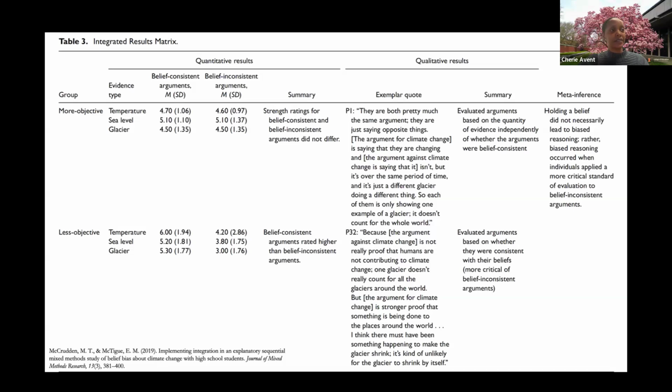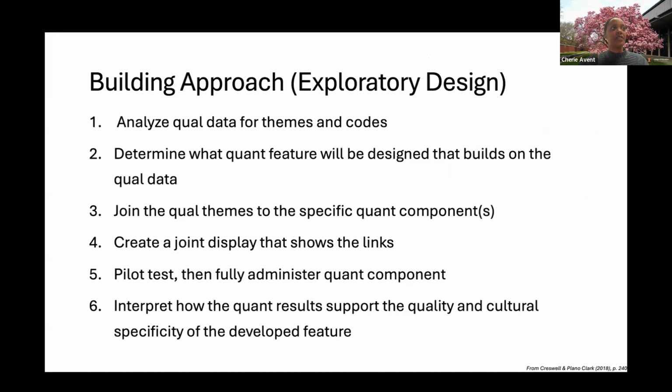A second integration approach is called the building approach, which we often see with the exploratory design type. As I explained, the exploratory design is you are first collecting and analyzing your qualitative data, and then the findings are going to inform the quantitative data collection and analysis.